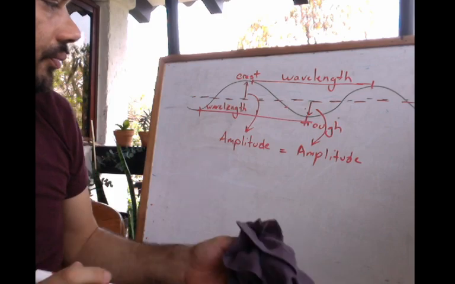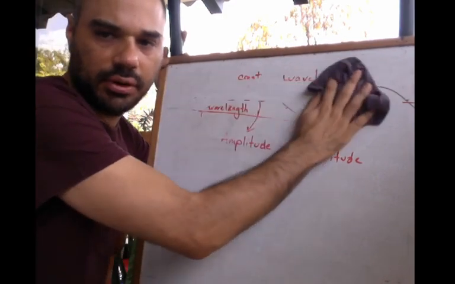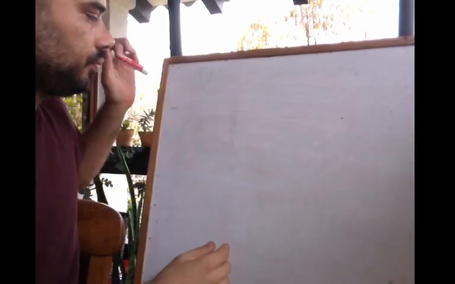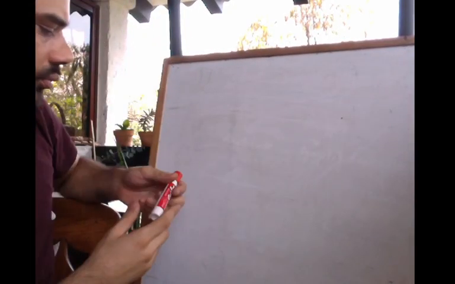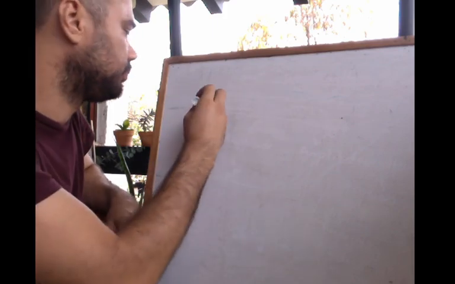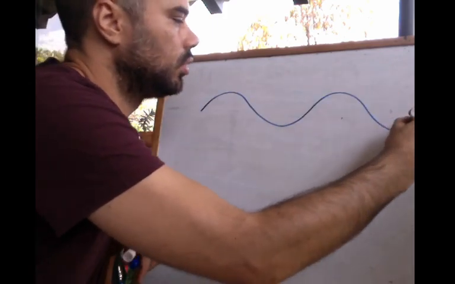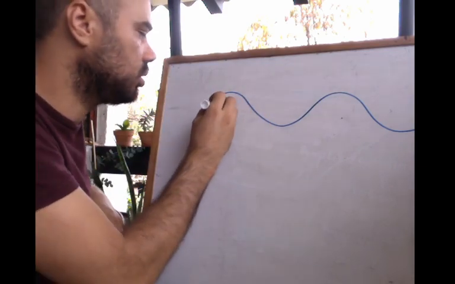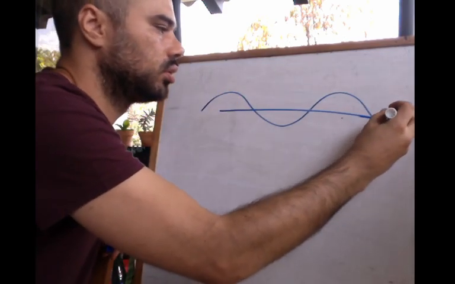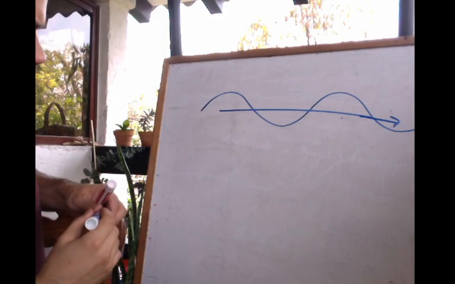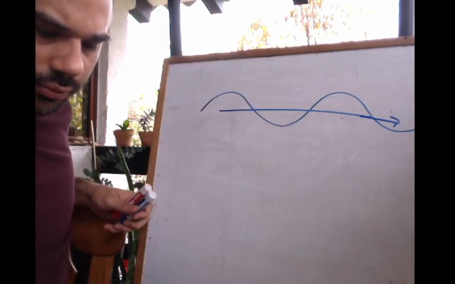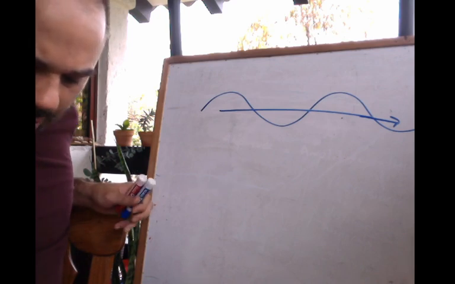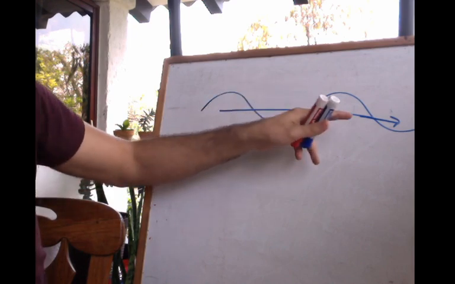Now, all of them you have in your book. And waves are going to be moving. So this is going to be moving to that, in one direction. So if we were to measure a wave period, it is the time between the passing of one crest and the passing of the next crest.